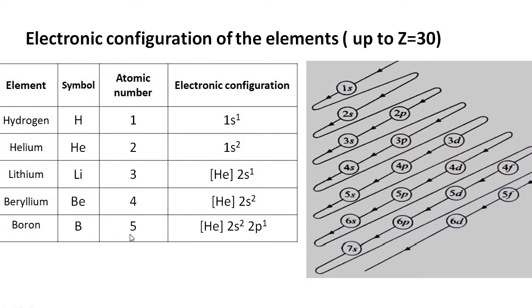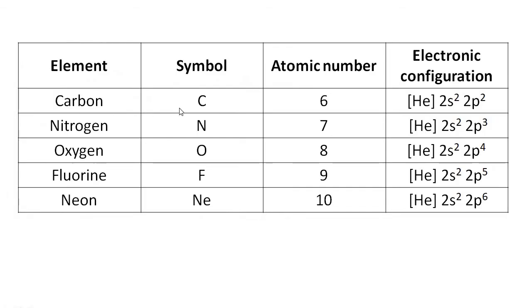For boron, 5 electrons. So after filling 2s2, the next electron enters into the next orbital, that is 2p orbital. In case of carbon, symbol C, atomic number 6: [He] 2s2, and the next electron enters into the 2py subshell.